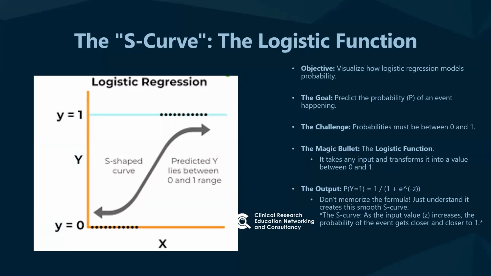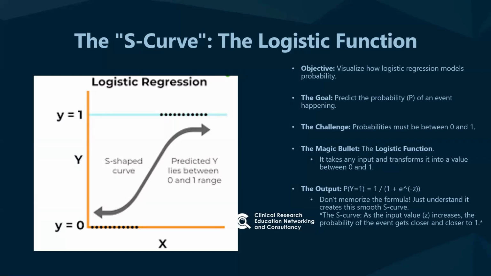So the objective here is to visualize how logistic regression models probability. The goal is to predict the probability P of an event happening. So we're predicting, for example, using the case of diabetes, the probability P of someone having diabetes or not having diabetes. And the challenge is that probabilities must be between 0 and 1.